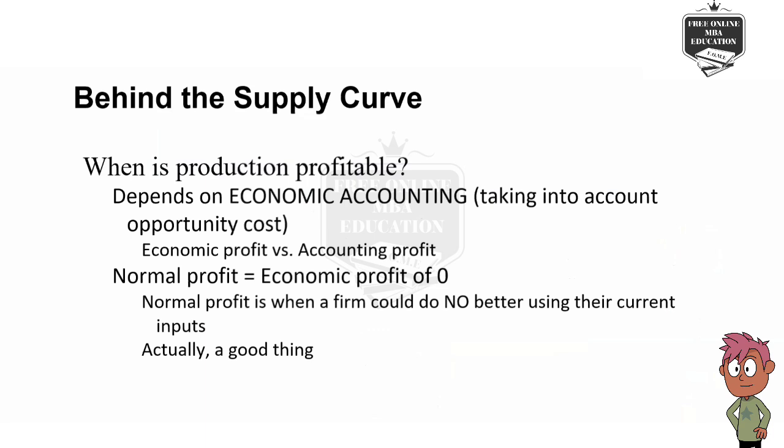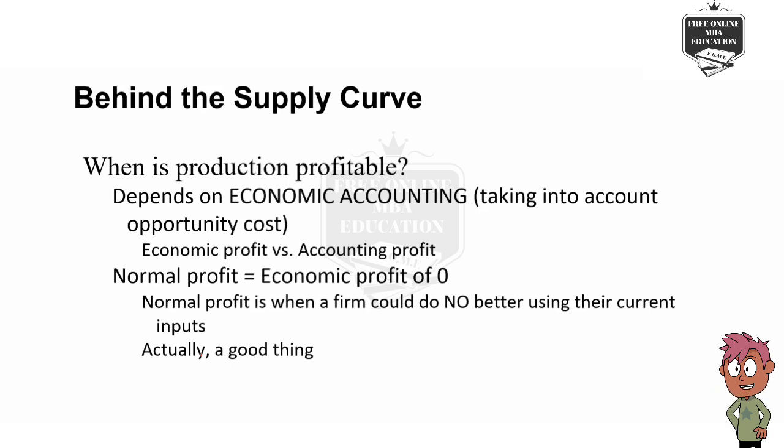Now, when is the production profitable? This depends on the economic accounting and taking into account the opportunity cost. Economic profit versus accounting profit is something that will take into consideration just your implicit cost, just your explicit cost, or both implicit and explicit cost.